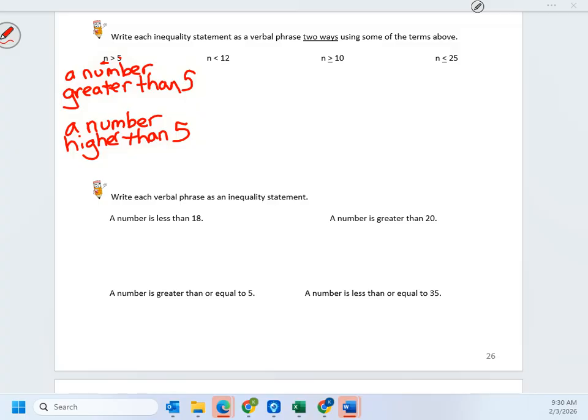Most of us are going to be a lot more comfortable reading from left to right and just writing straight up what we're seeing. So we don't have to worry about flipping anything. Okay. I'm going to have you finish writing your verbal phrases on your own, so you get practice with those verbal phrases. Let's look at the bottom of this page.